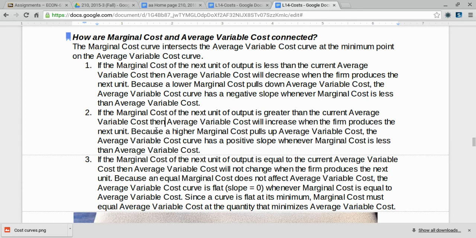Because a higher marginal cost pulls up average variable cost, the average variable cost curve has a positive slope whenever marginal cost is greater than average variable cost.